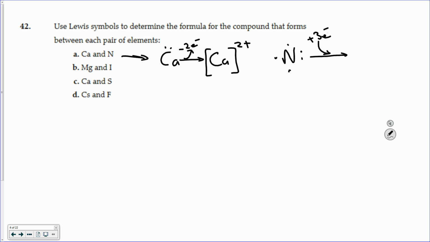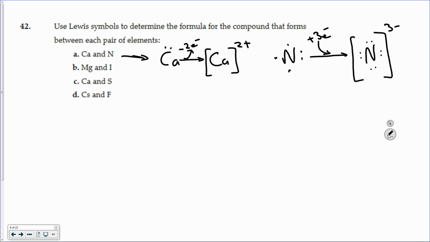If it picks up 3 electrons, then it has an octet, just like that of neon above it. Okay, so picked up 3 extra electrons means it's a -3 charge. So I've got something that wants to lose 2 and something that wants to gain 3. I've got to figure out the balance, so that the common denominator between the two is a 6 electron exchange.